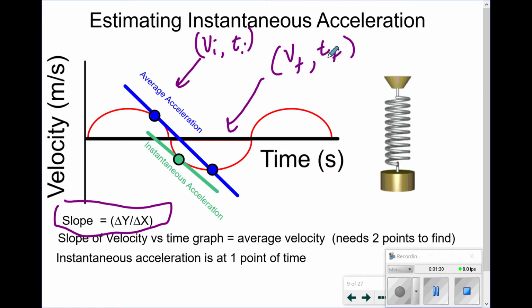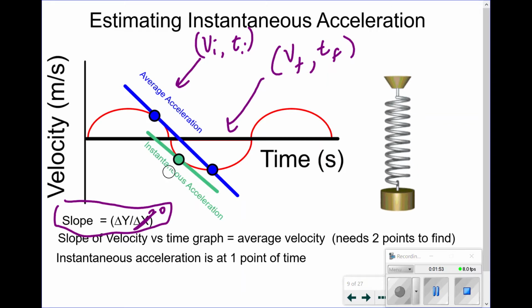Instantaneous, though, is at a particular moment only. I would have to find the slope of only 1 point. I would need delta x here to be equal to 0, or at least so close to 0 it's ignorable. This is one of the foundational skills that you learn in calculus on how to find what they call an instantaneous slope.